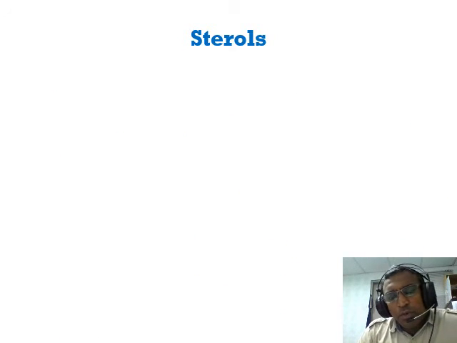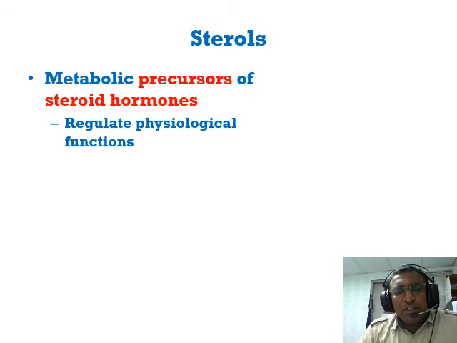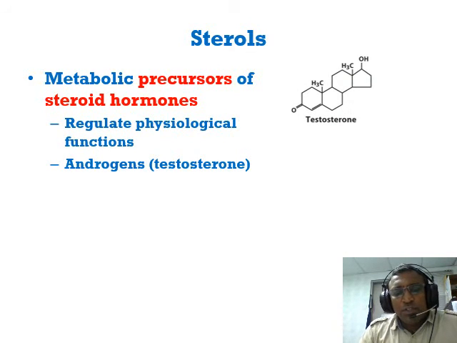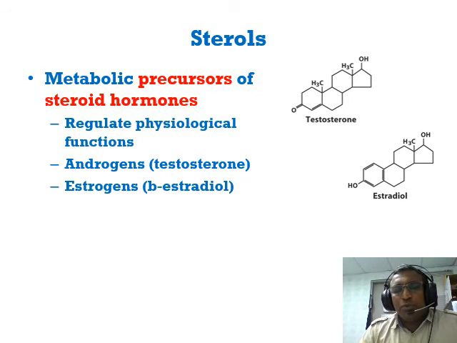So now we talk about the steroidal hormone. You always think hormone is made of protein, but in this instance, hormone can also be made from a fat component. So you have the steroidal hormones, and they have a function in regulating certain physiological functions. For instance, the male hormone, testosterone, grouped as androgen. Then you have estrogen, grouped under it is estradiol.